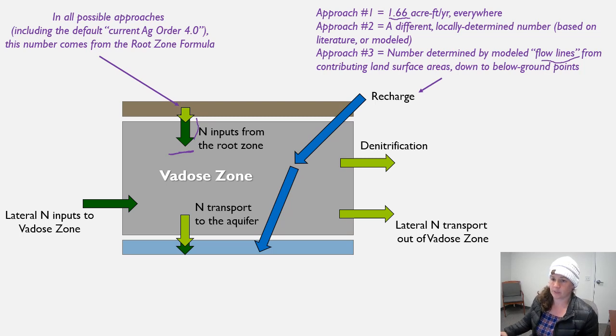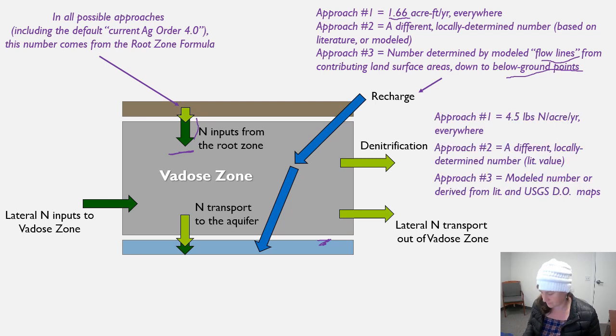So basically you start from a below ground point, here at the top of the water table, and it back calculates flow lines going up to a contributing area on the land surface.